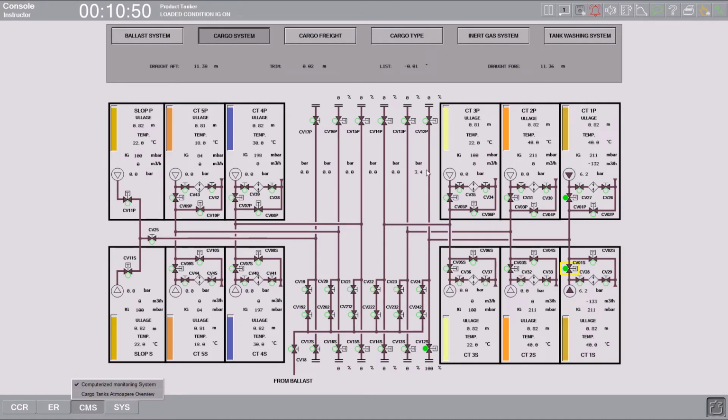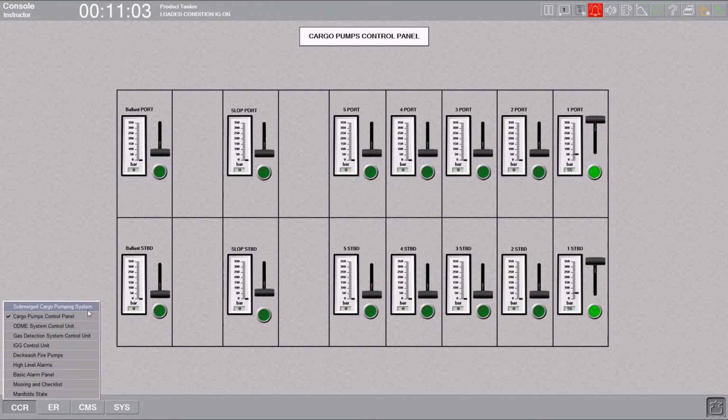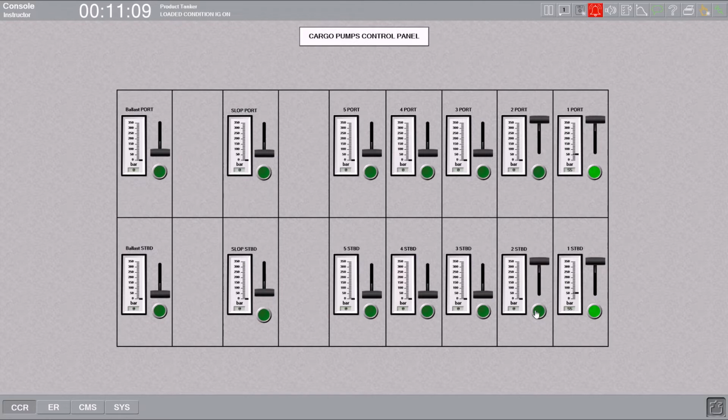We can monitor and must control the pressure in the line. Now we have to start two port. The procedure is the same. We have to repeat the same steps like one wings.